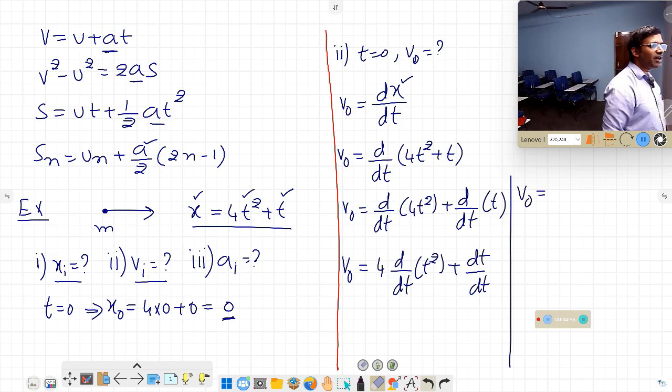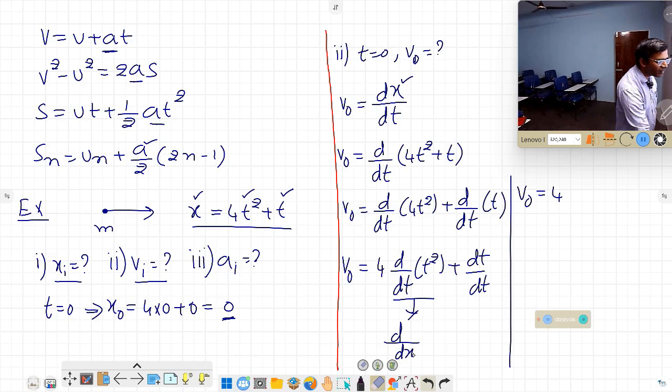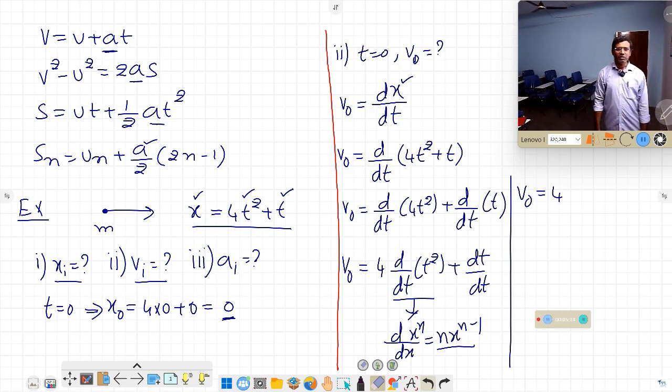Initial velocity at time t equals 0 is equal to 4 into the differentiation of t square. This is in the form of d by dx of x power n, where the formula is n into x power n minus 1. So the same form it is, that's why I can write, if t square is taken, that is equal to 2t.